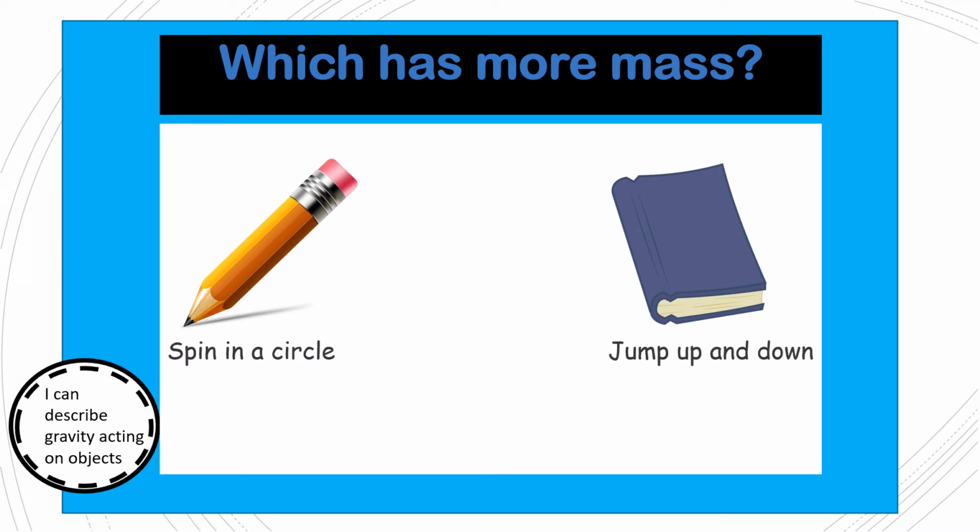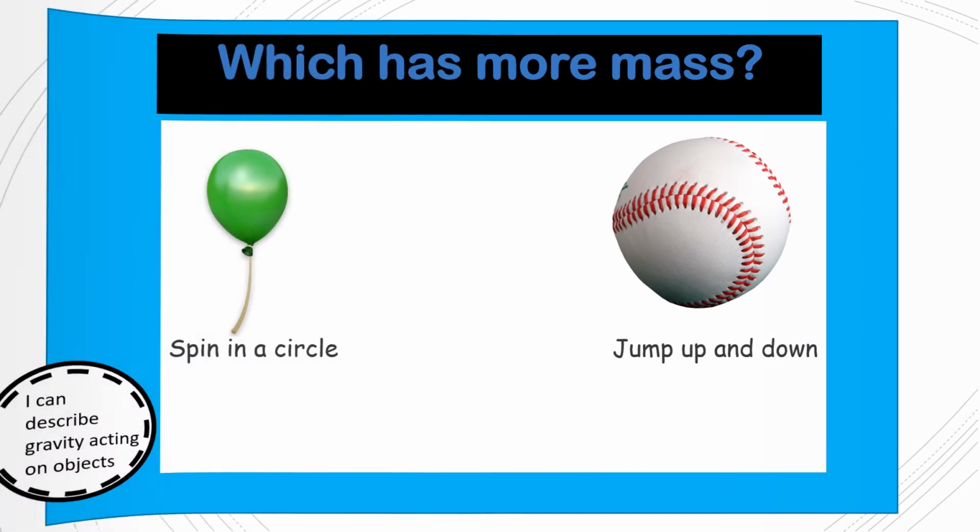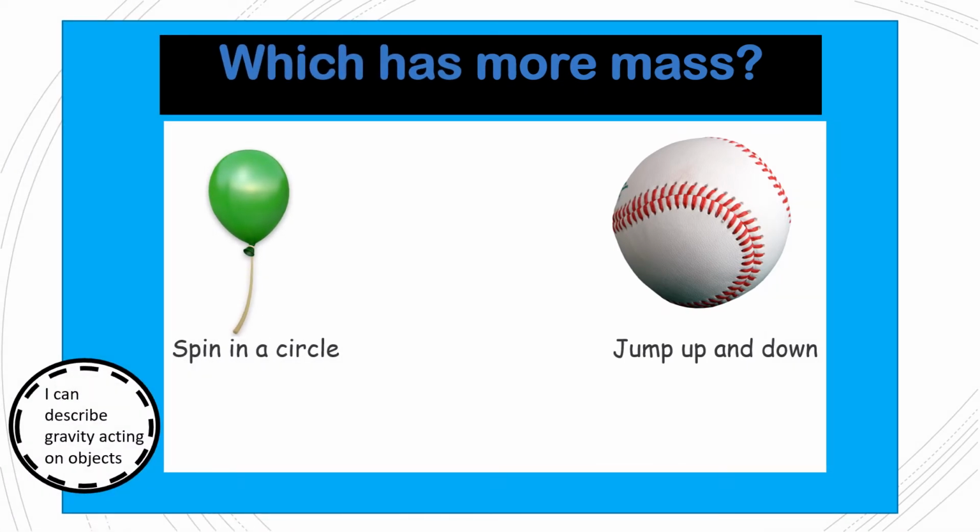Think about it. This pencil spinning in a circle, or jumping up and down with the book? Which has more mass? I want you to look at your pictures. Just think about those.